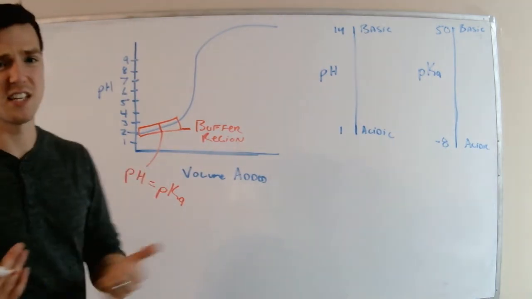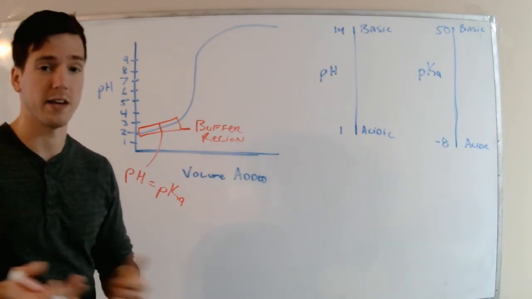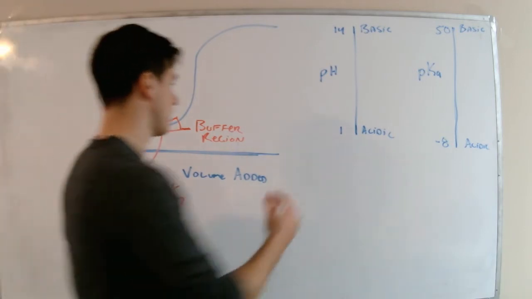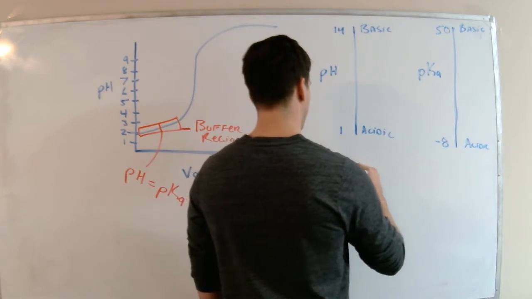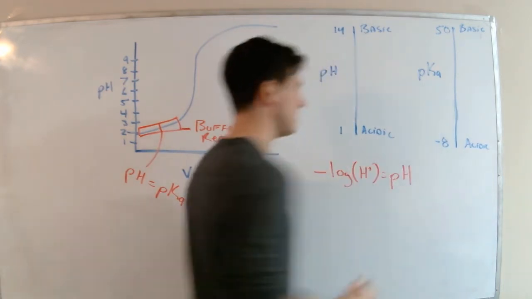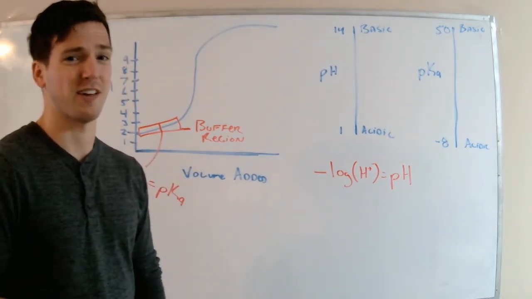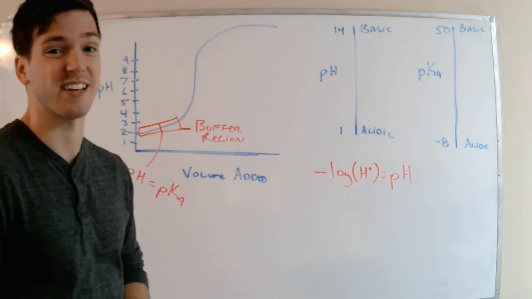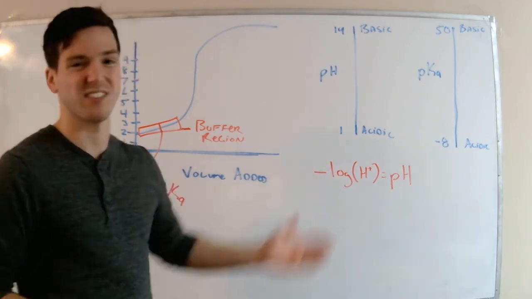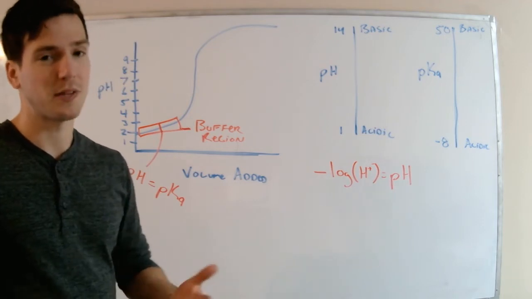And the good thing to know about this is pK is just kind of a nicer way of writing Ka. You'll note that negative log of H plus equals pH. It's kind of a pain to write out H plus as a strength for an acid, right? If I say 1.8 times 10 to the -5th concentration of acid, you don't know how strong that is. But if I say a pH of 2, you know that that's a stronger acid.